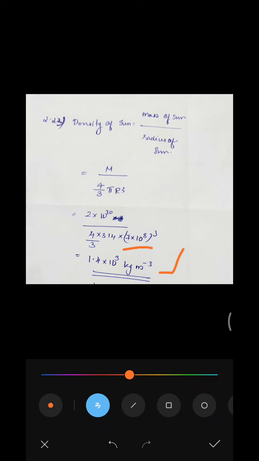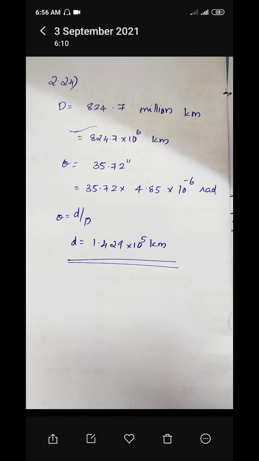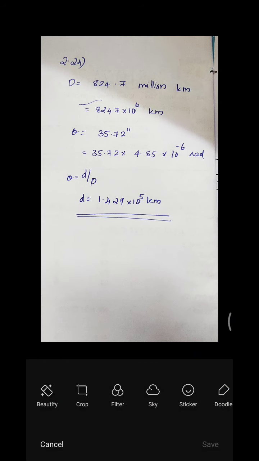Now let us come to the next question, that is 2.24. The question is that when the planet Jupiter is at a distance of 824.7 million kilometers from the Earth, its angular diameter is measured to be 35.72 seconds of arc.